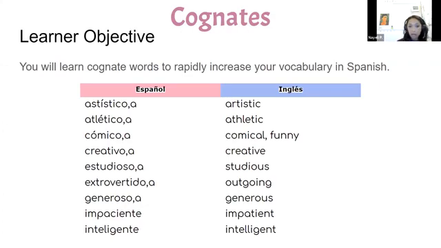You would say Shakira es artística with the A instead of the O. You have to do that switch when you are referring to a woman.